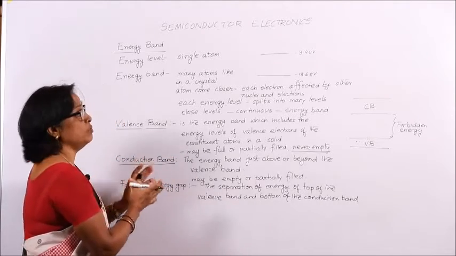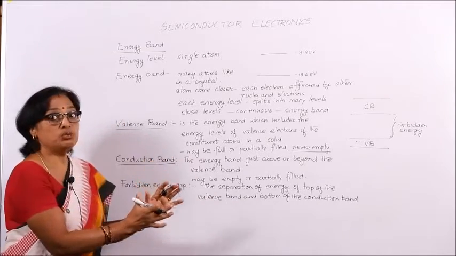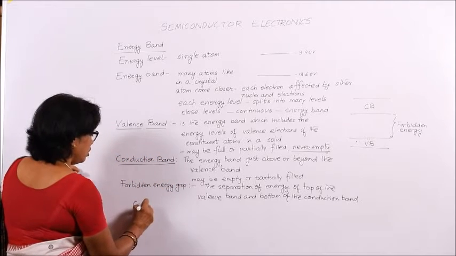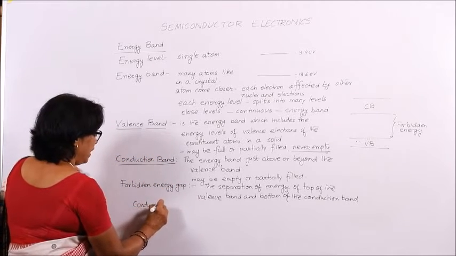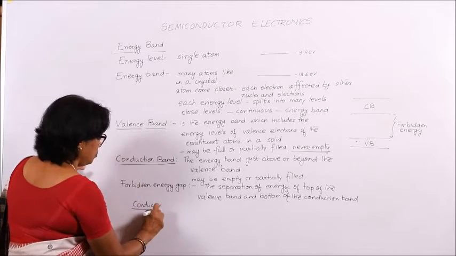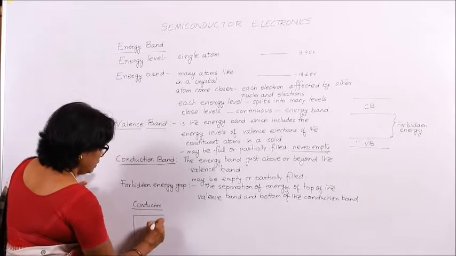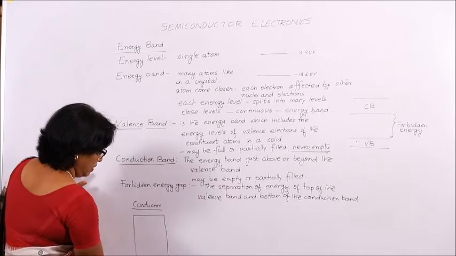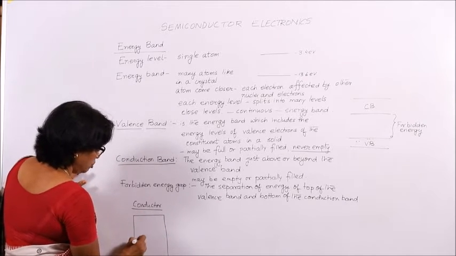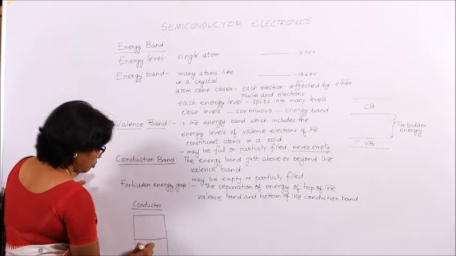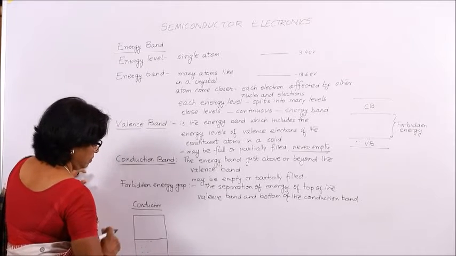So on the basis of this, how can we distinguish between a conductor, insulator and semiconductor? If I take the conductor and draw the energy band diagram, what we will see is something like this. Let us say this is my valence band from A to B. The valence band has some electrons like this.